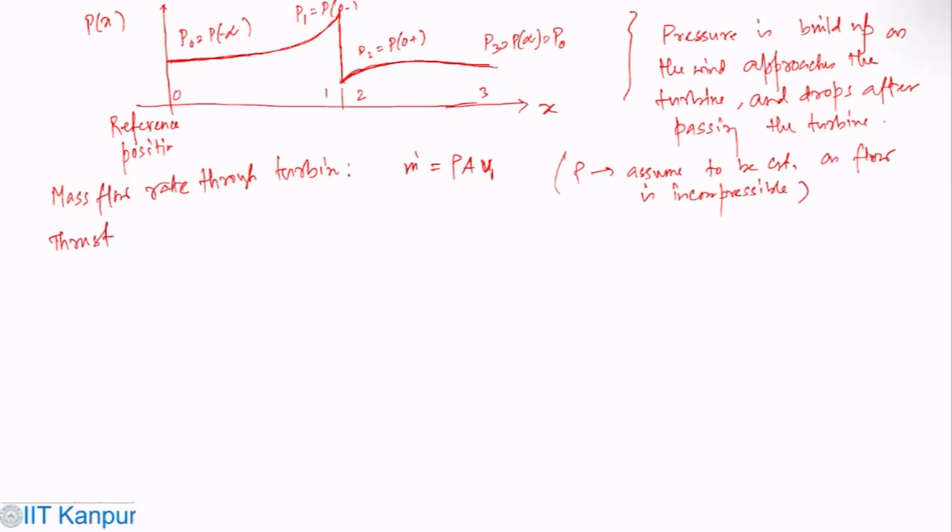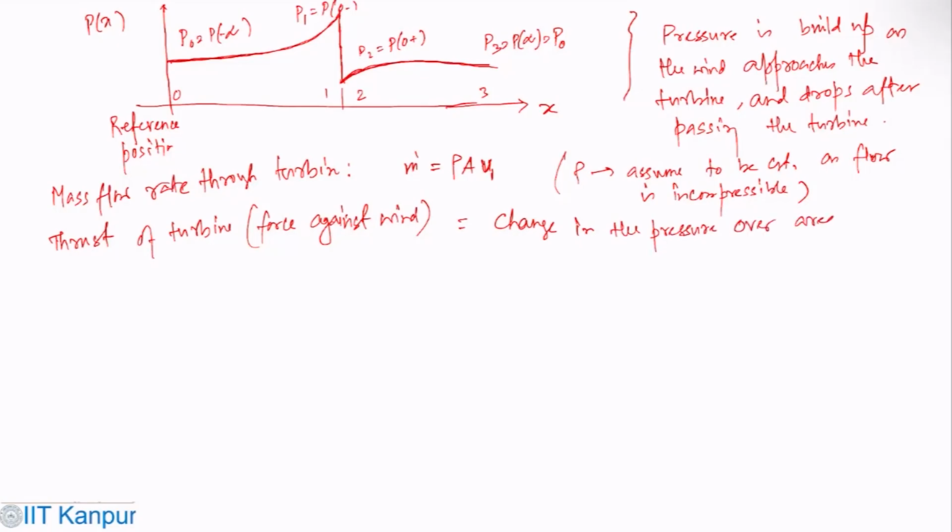Then we have the thrust of the turbine, that is the force against the wind. Essentially it is the difference in pressure over the area, so we can write P2 minus P1 times A. This one we mark as equation number 2.